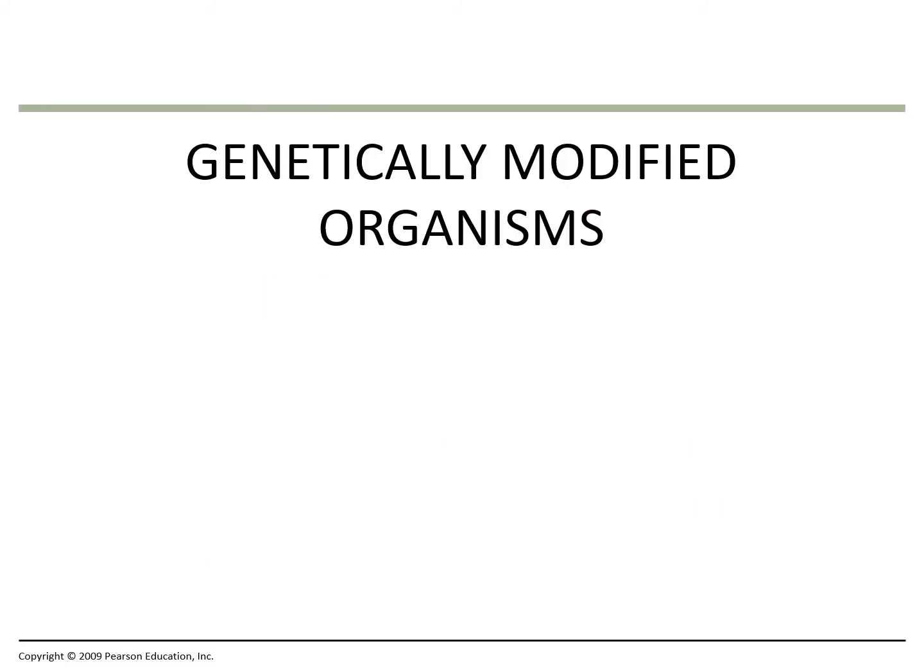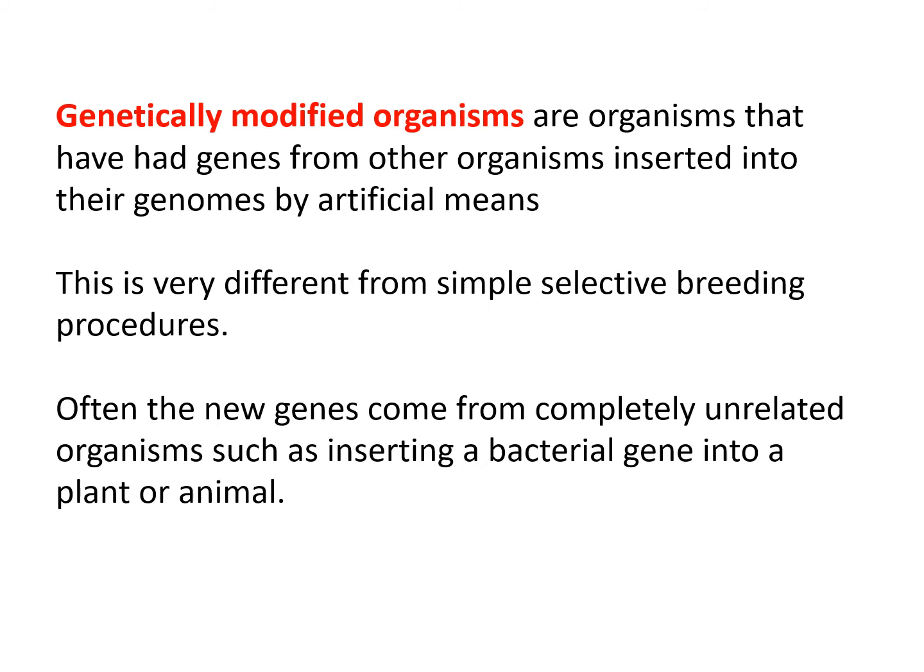Okay, genetically modified organisms. Genetically modified organisms are organisms that have had genes from other organisms inserted into their genomes by artificial means. This is a lot different from selective breeding. Obviously, we've been doing selective breeding for centuries in order to get organisms, animals, plants to produce larger fruits or to produce more milk or to produce leaner meat, whatever we're looking for.